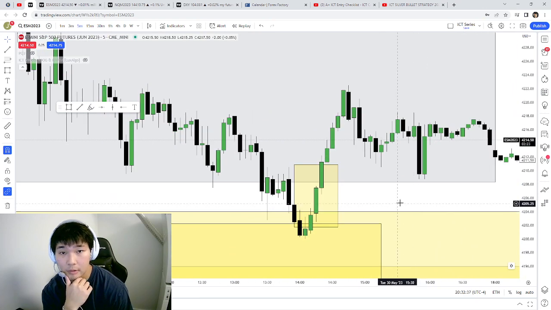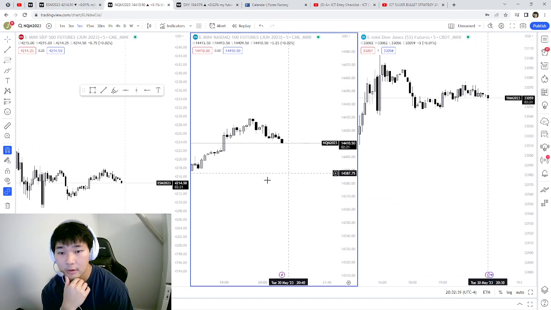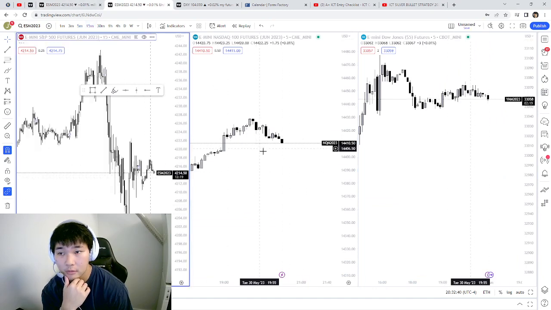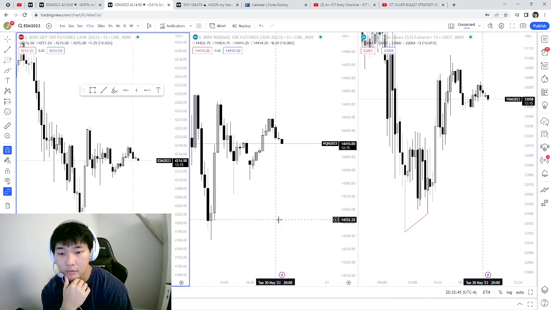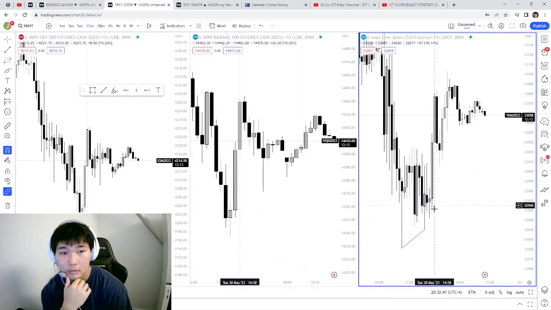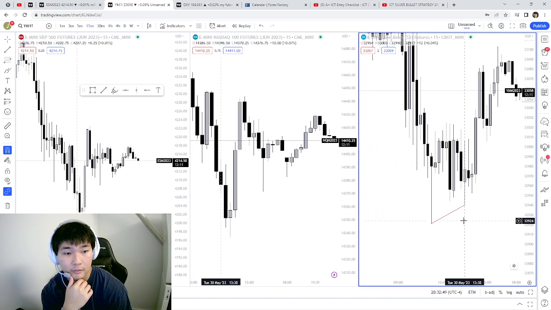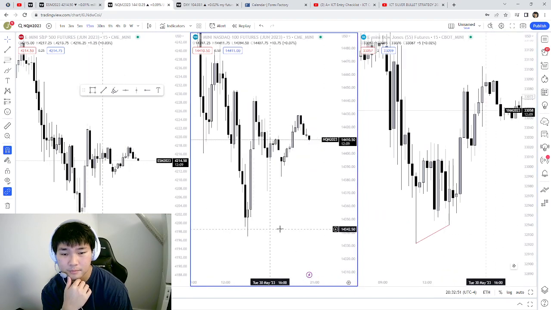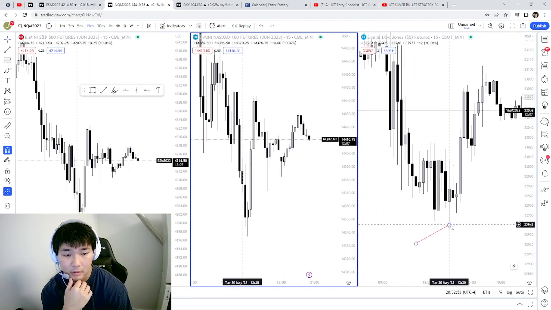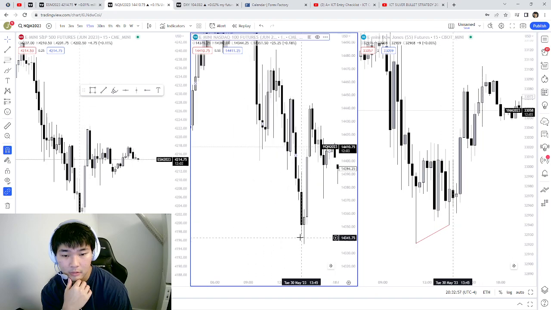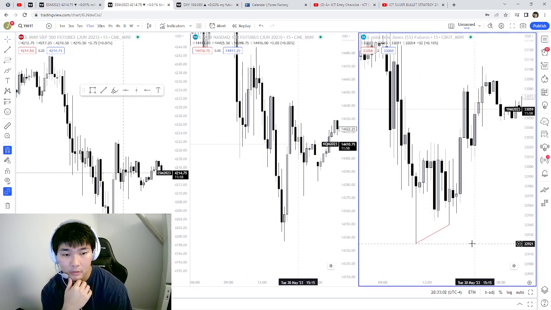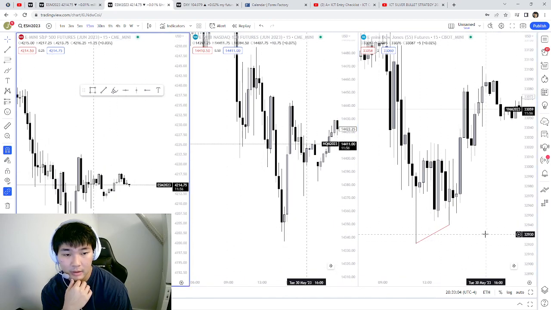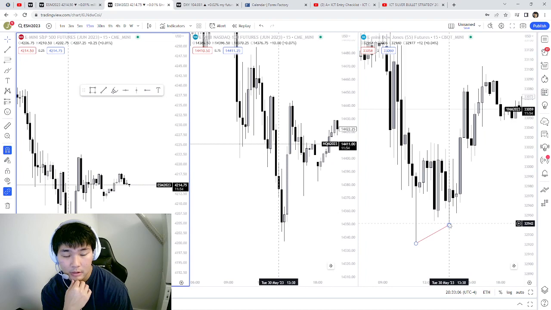So there's that. But I think another thing I wanted to look at was all 3 indices, right? This is 15 minute, this is 15 minute, all 3 indices here. This 1330, 1330 here, 1330 here. So this is SMT divergence that I had marked out at like 130.